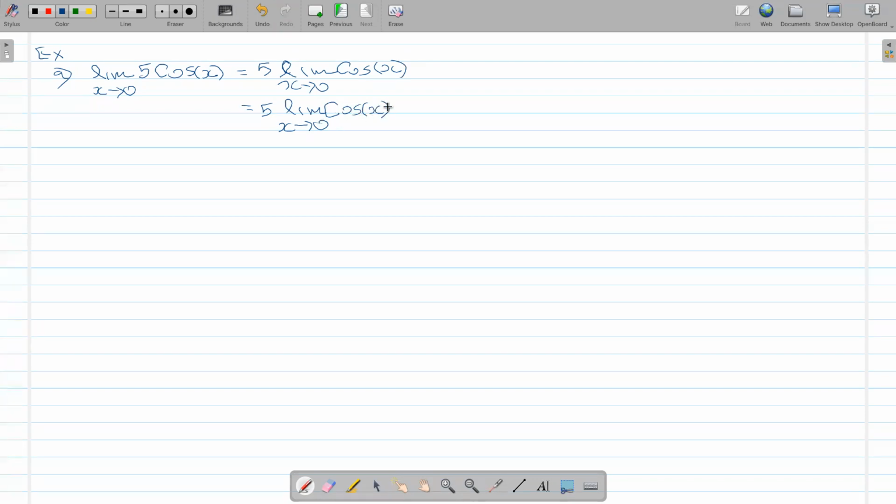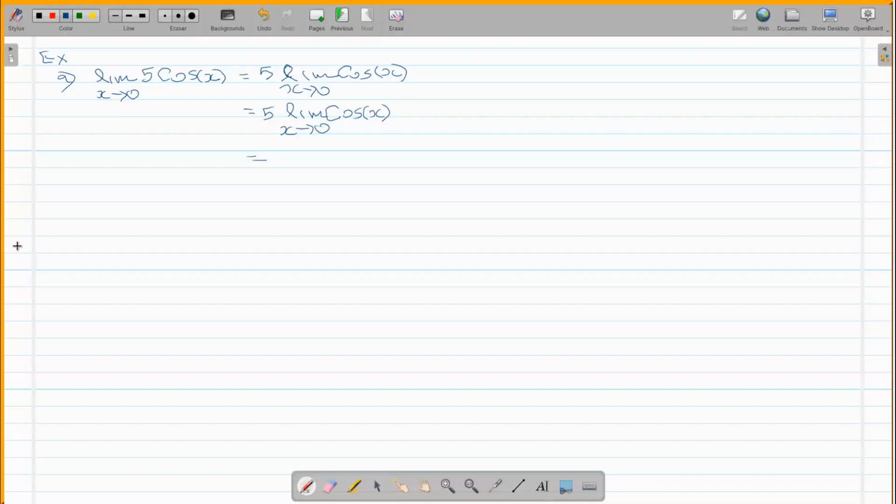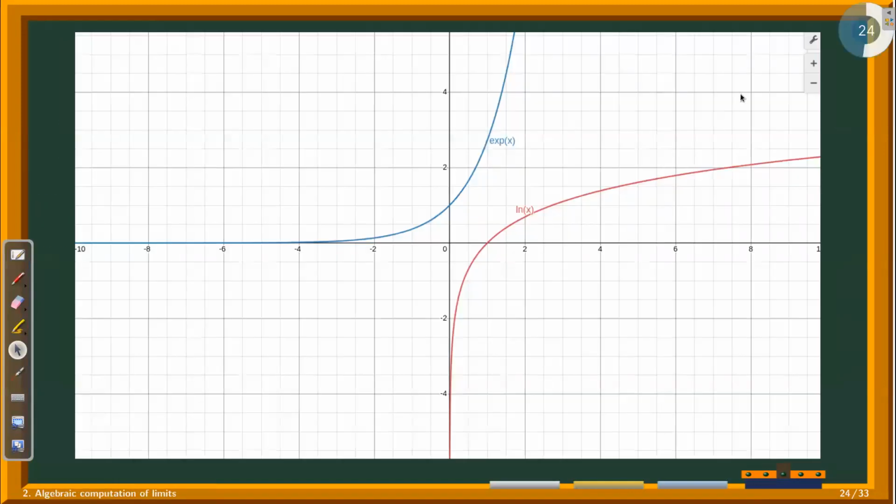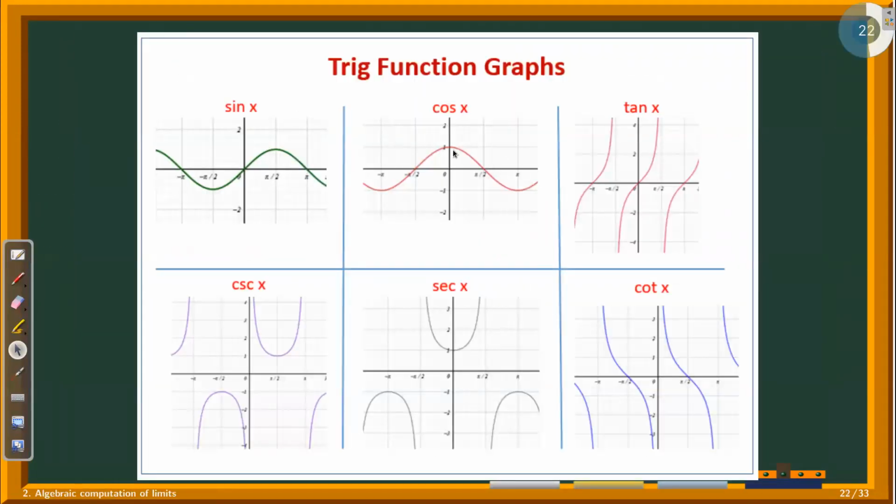Now this one is continuous from that list, no? If it is in that list, we can plug in. The cos x is in that list, so I can plug in. Here, first I use the constant multiple rule and pull out a constant. See, this cos x is in the list.